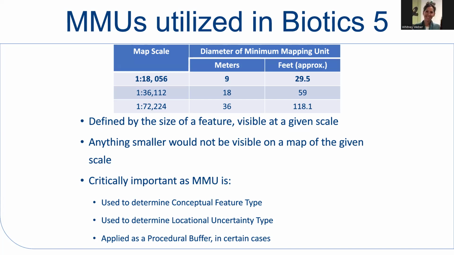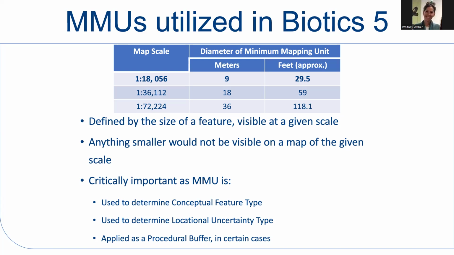So it is critically important and is therefore applied when we're discussing conceptual feature type, when we're using it to determine locational uncertainty type, and also when it's applied as a procedural buffer.